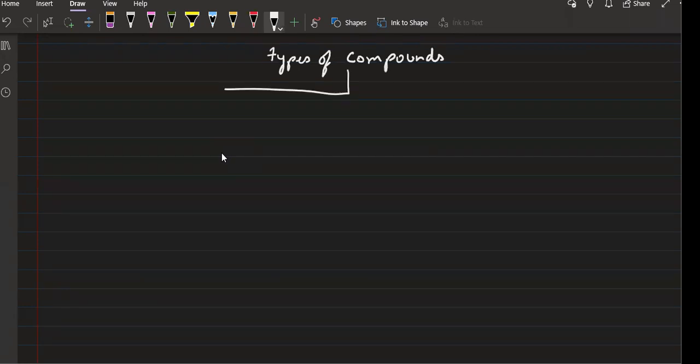There are many types of compounds, based on different categories, but for us we just want to focus on one category. So these three types of compounds are acids, bases, and salts, right? Acid, bases, and salt.